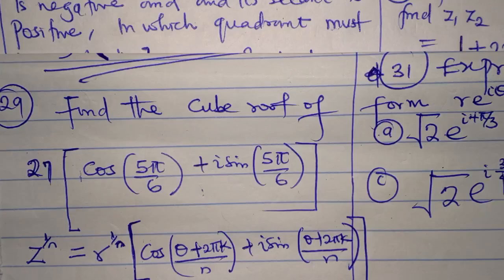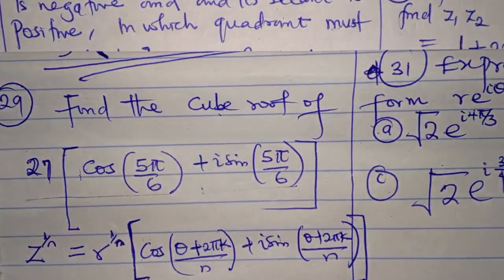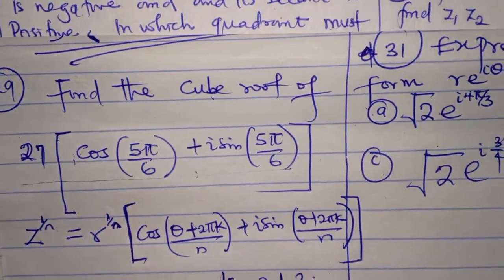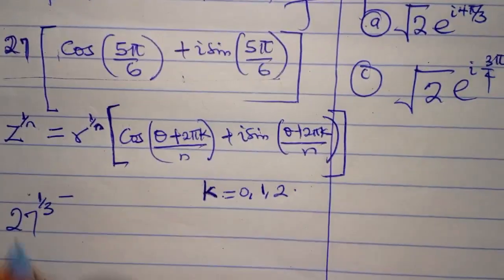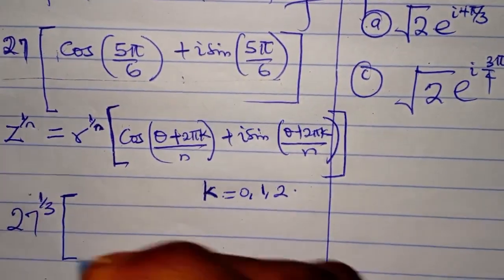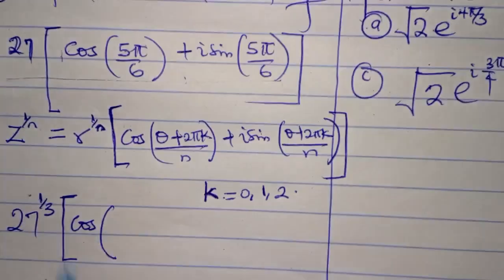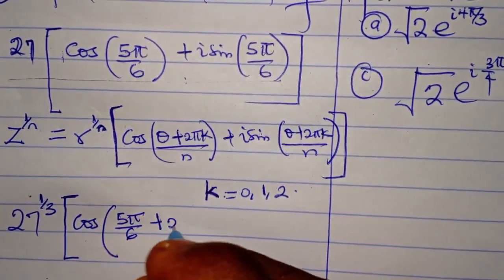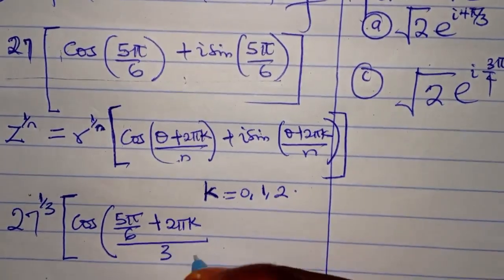You get it? Okay. So they have given us this complex number now, and I told you to find the cube root. Cube root is 1 over 3. So n here will be 3 for this. The cube root of this one will now be 27 to the power of 1 over 3 into cos theta, and theta here is 5 pi over 6. That will be 5 pi all over 6 plus 2 pi k all over n. N is 3. Okay.